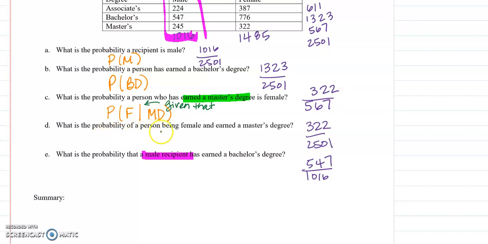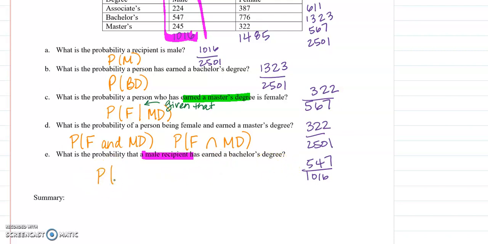Letter D, the probability of a person being female and earned a master's degree, we could write it this way, the probability of female and master's degree, or you may see it with a different math notation as F intersect MD, like you guys saw in geometry or even earlier in this unit. And letter E, the probability that a male recipient has earned a bachelor's degree.